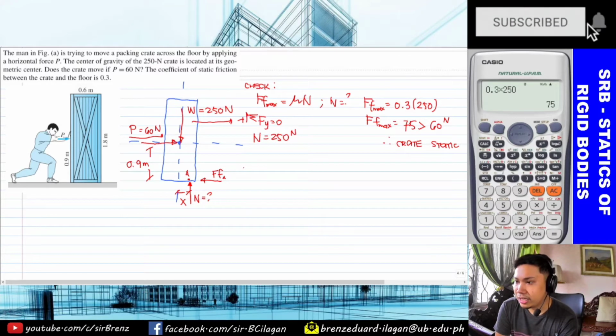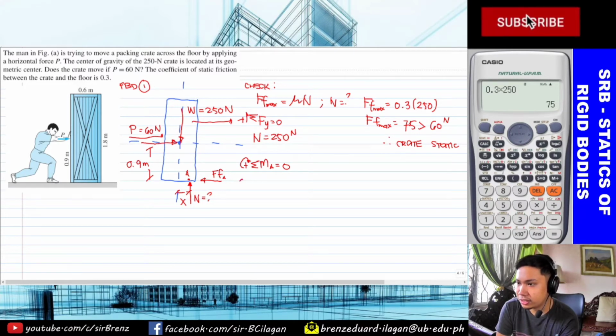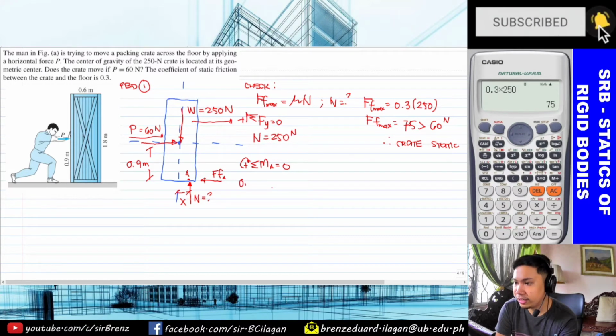Okay, so by taking summation of moment at point A equals 0, considering this free body diagram, unahin natin yung 0.6, that is 0.9 times 60.